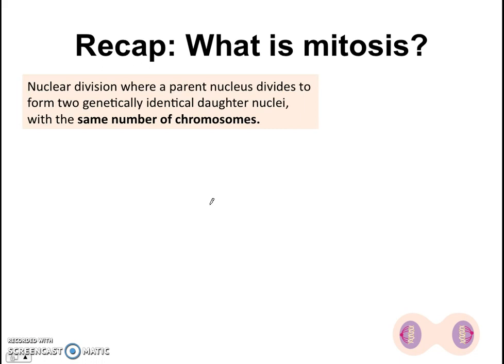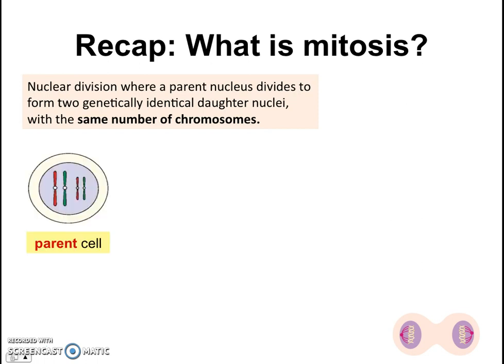What is mitosis? Well, it's a nuclear division, a division of the nucleus, where a parent nucleus divides to form two genetically identical daughter nuclei with the same number of chromosomes. Here it is in cartoon form. Here's our parent cell, and for this example, we'll use a parent cell which has a nucleus containing 4 chromosomes. 1, 2, 3, 4.